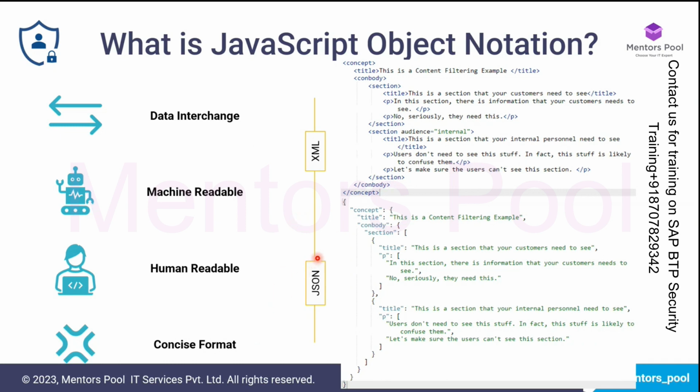It is concise as compared to XML. XML is more verbose, has more characters to show or pass on the same message, while JSON has a lesser number of characters. Okay, and we did a small hands-on exercise where we all created a JSON file, given some table in the database.